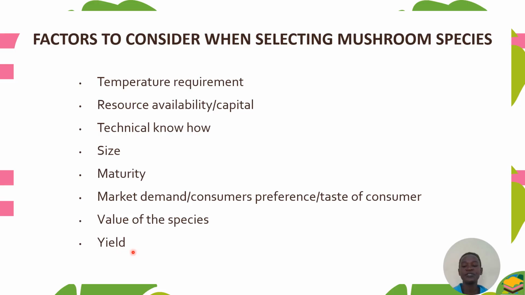Apart from that, it will depend on the yield. Different mushroom species obviously have different yield. So obviously if you are into business, you are going to select the varieties which yield more. So these are the factors one needs to consider when selecting mushroom species to grow.